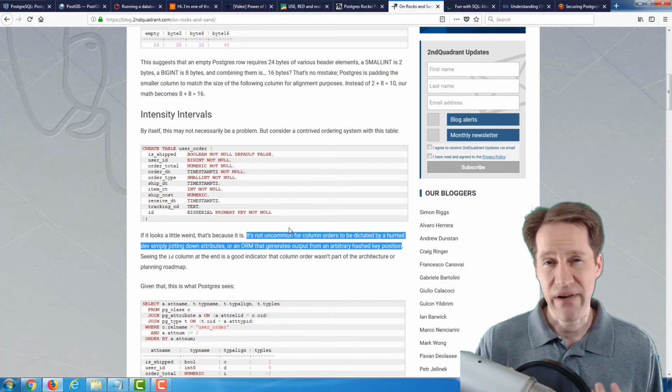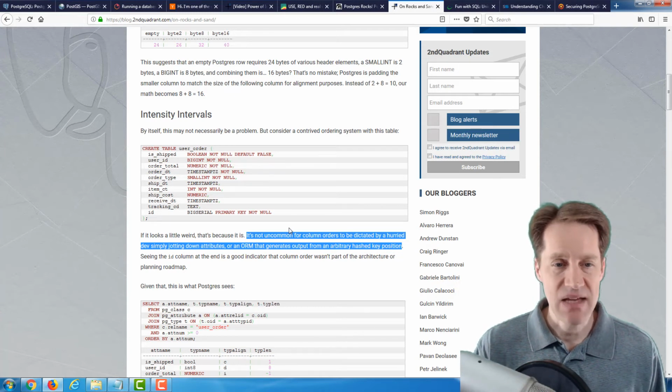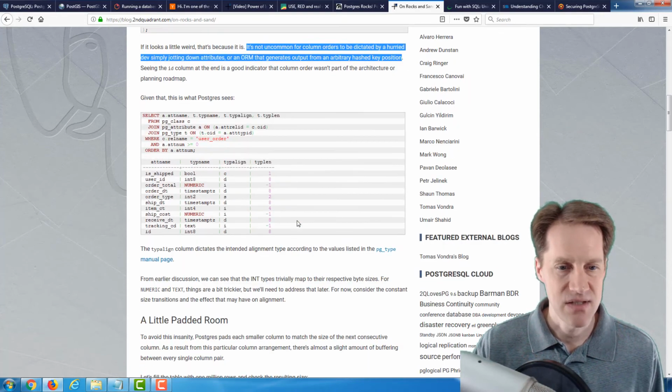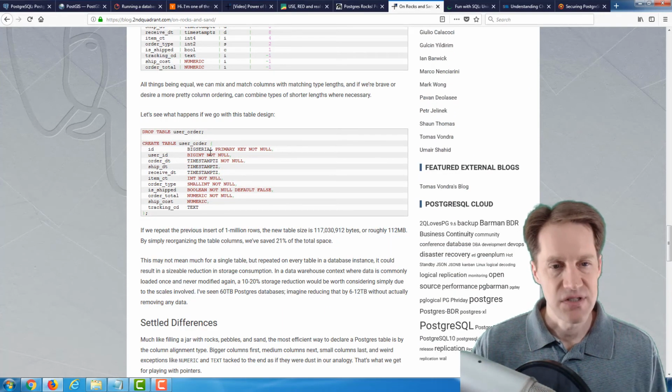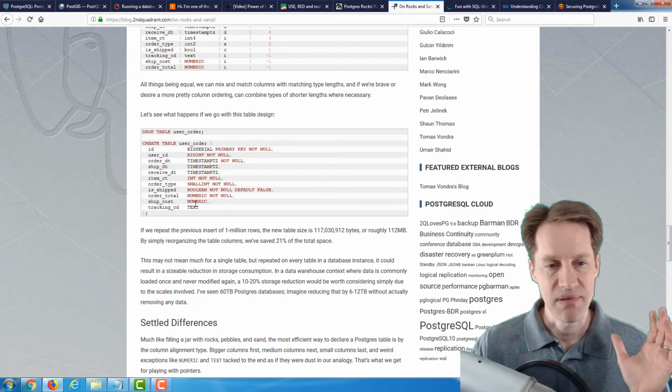However, if you have a more analytical database and your data model doesn't change that significantly over time, you could get some space savings by following the advice included in this post to order your columns based upon data types as they suggest here. Basically, doing things like having bigints first, timestamps, then ints, smaller ints, booleans, and then following up at the end with numerics and/or text fields.